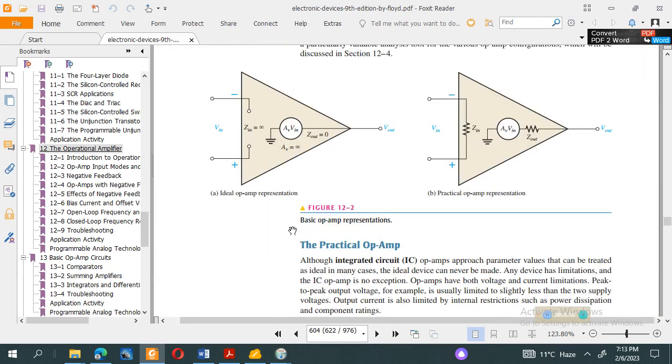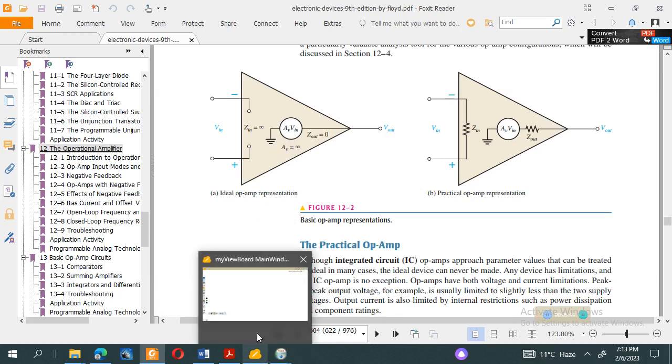And the third point is that its open loop gain should be very high. What do we mean by open loop gain? Let me define it.